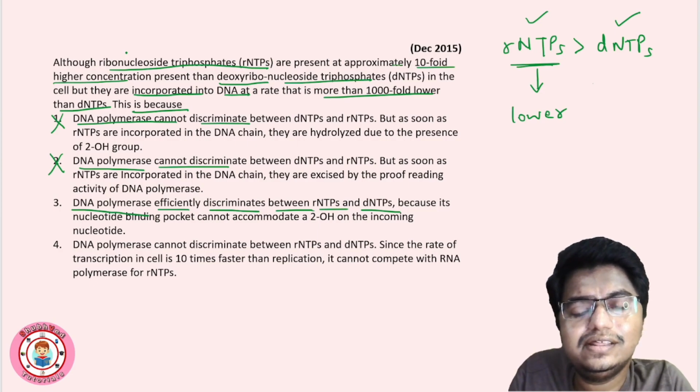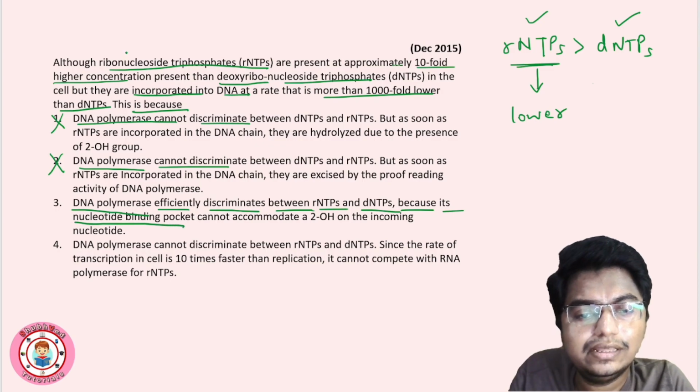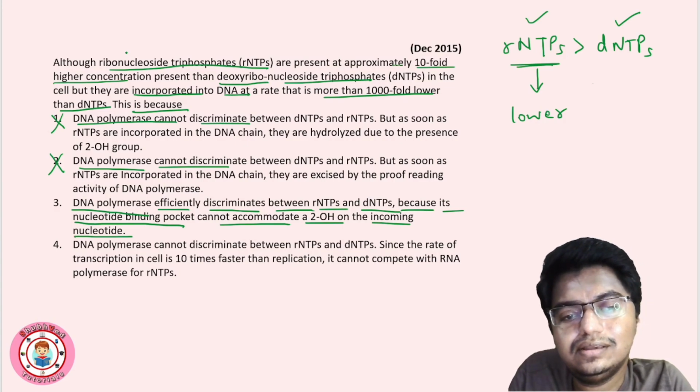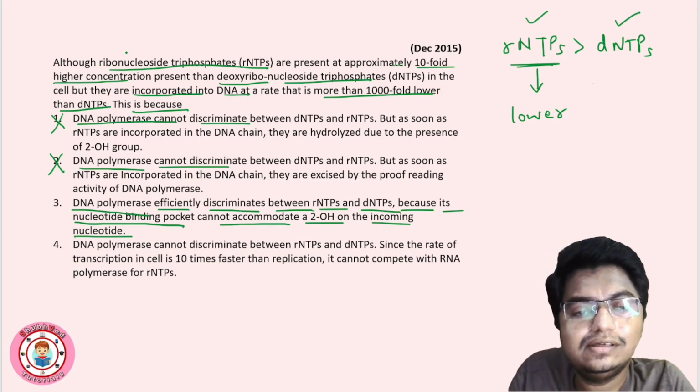Okay, we have to read carefully, right? The first and second statements say cannot discriminate, so wrong. Here it is given that it efficiently discriminates because its nucleotide binding pocket cannot accommodate a 2' OH on the incoming nucleotide. See, very accurate statement. The nucleotide binding pocket cannot accommodate the 2' OH.